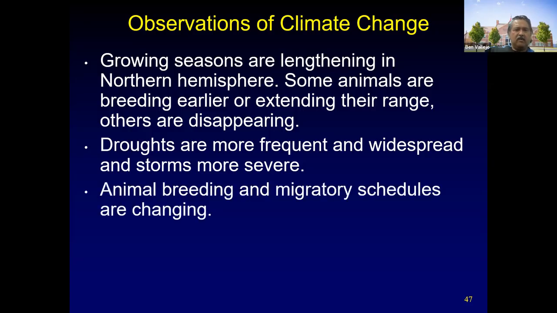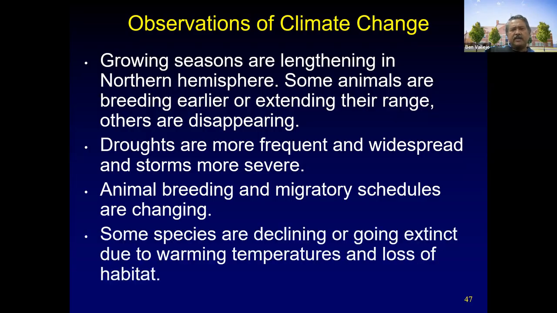So, it's horrible. Animal breeding, migratory schedules, they're all changing. All the organisms need to adapt to this change in climate. If you don't adapt, then you have the risk of going extinct.